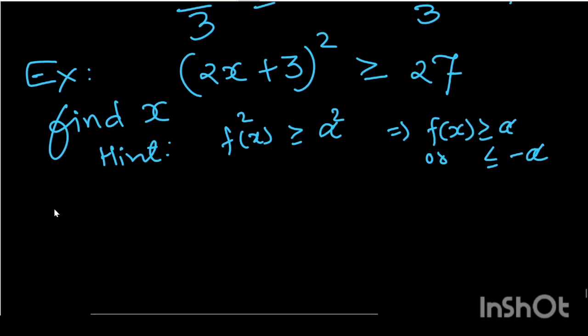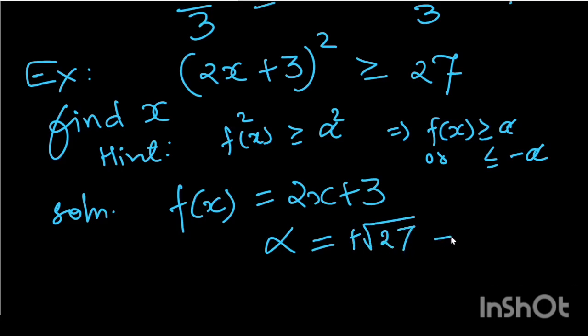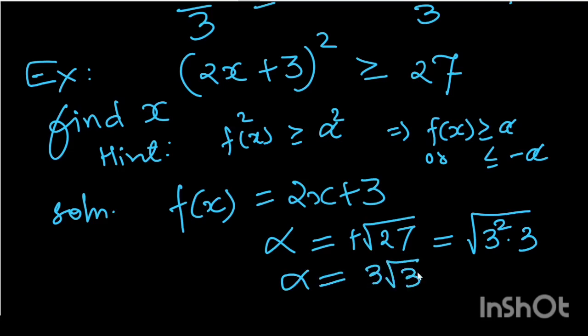The solution f(x) is 2x plus 3. So what is alpha here, guys? 27. If you take the square root of 27, because we will take alpha to be positive only, it would be 3 cubed, so we can write it as 3 square into 3. So alpha is, guys, the square root of 3 square becomes 3, so 3 root 3. Alpha is 3 root 3.